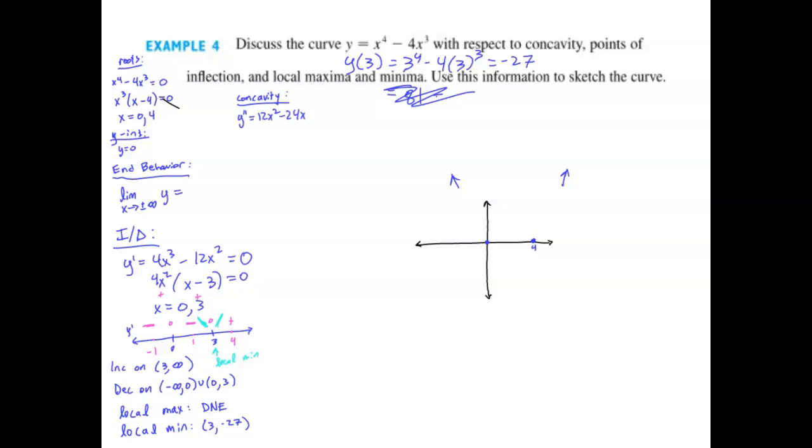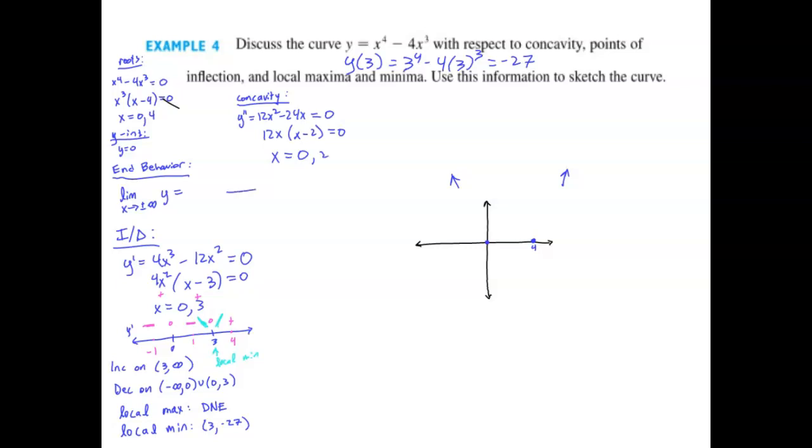It's the same process that we used to find the local maximum and minimum, it's just now we're doing this with the second derivative instead of the first derivative. So I'm going to set it equal to 0 and solve. Let's factor out 12x, we get times x minus 2. So we get these two critical numbers of the second derivative, 0 and 2.